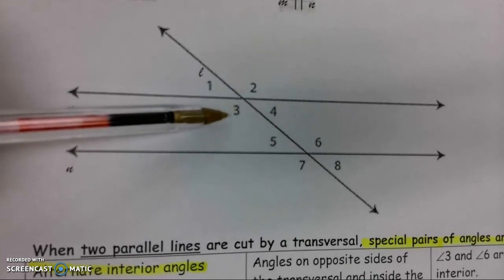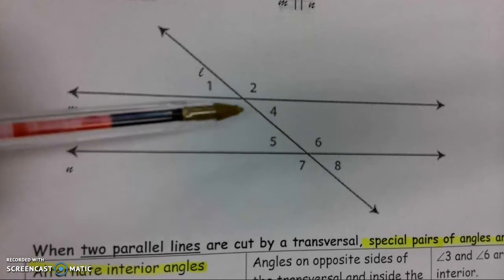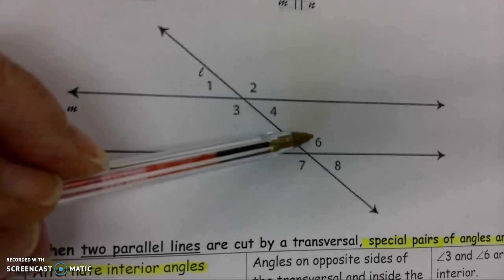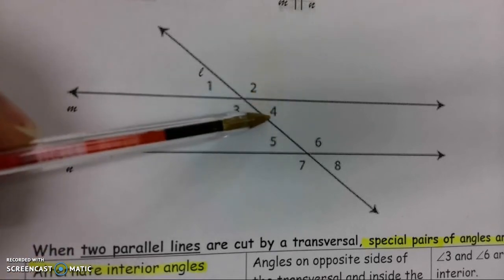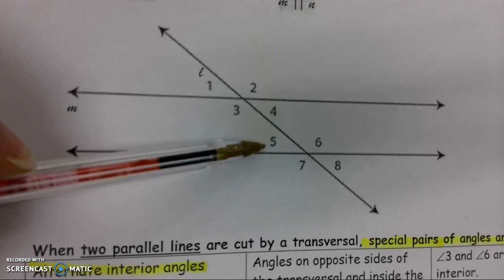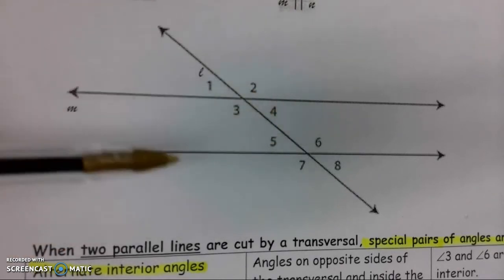The important thing about alternate interior angles is they are congruent. Angle 3 and angle 6 are alternate interior angles. Angle 4 and angle 5 are alternate interior angles. 3 and 6 are congruent. 4 and 5 are congruent.